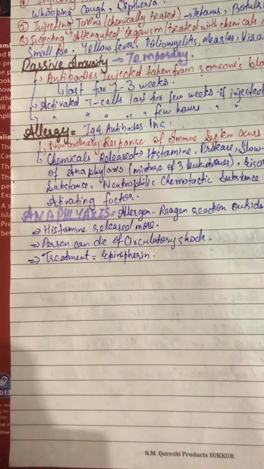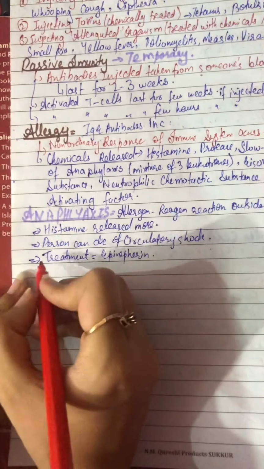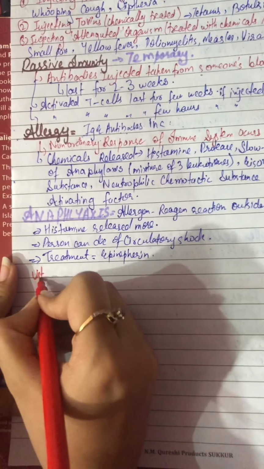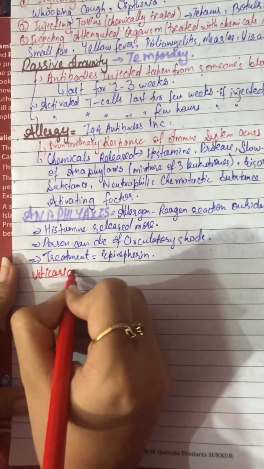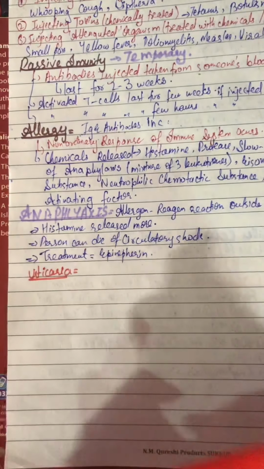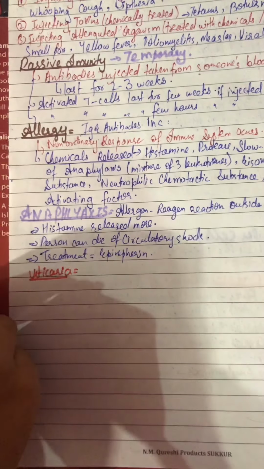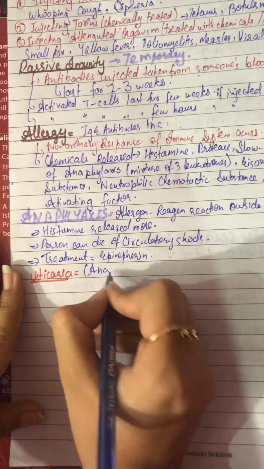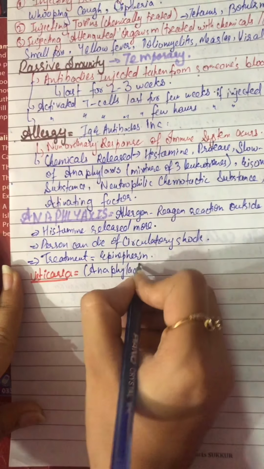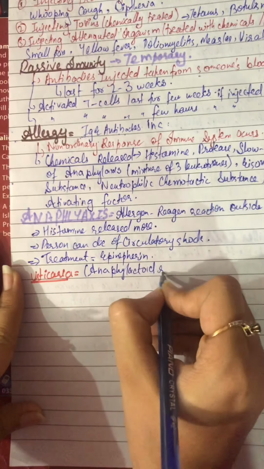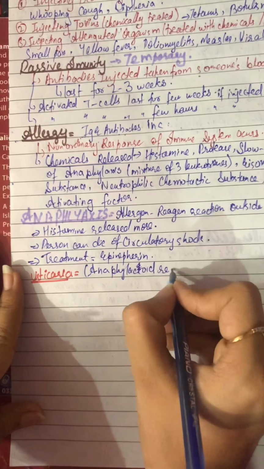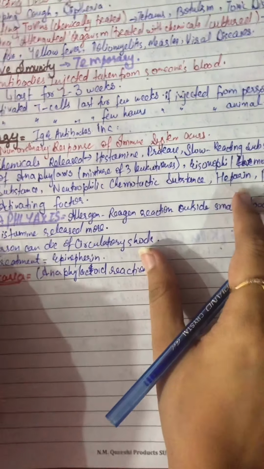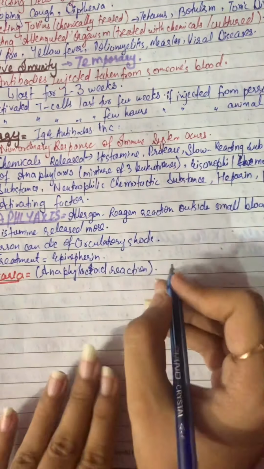Now the next one is urticaria. Urticaria is basically an anaphylactoid reaction that results from the antigen entering the skin.